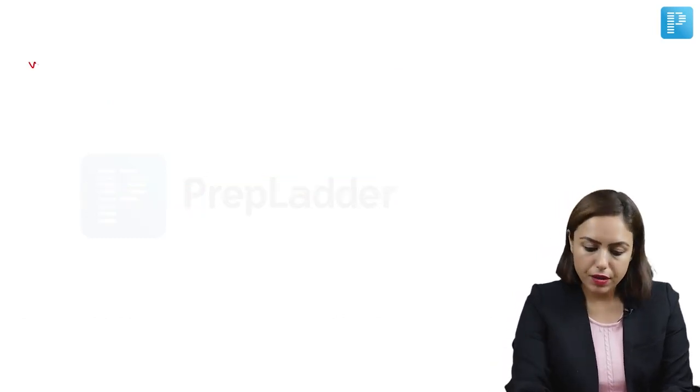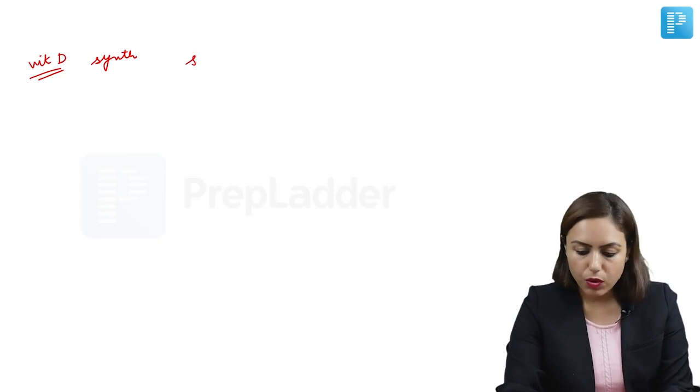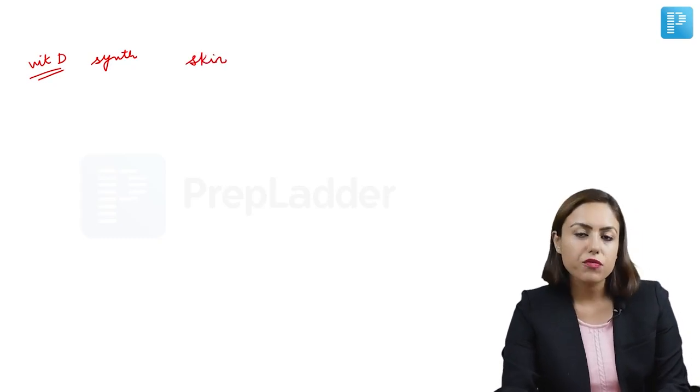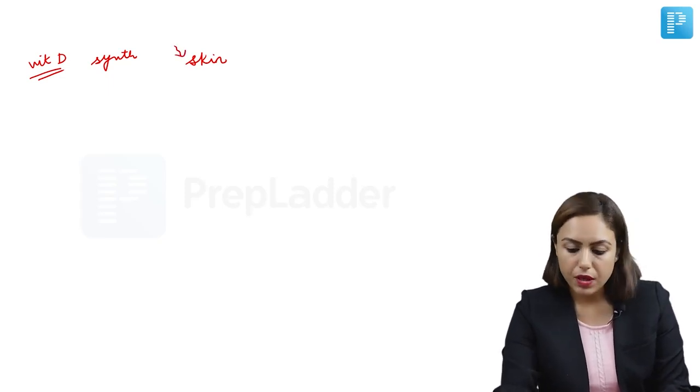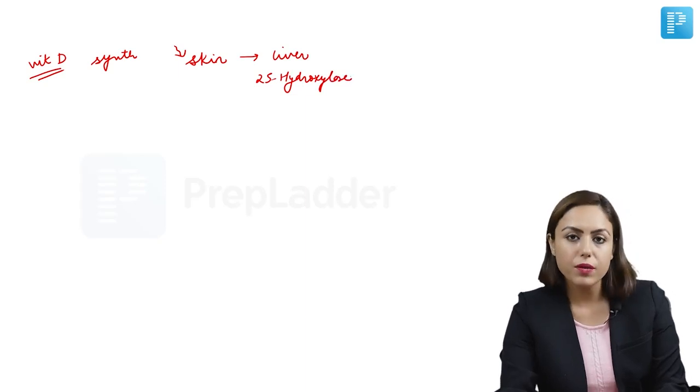Then vitamin D. Synthesis of vitamin D is very important as it occurs in the body. So the organs which are involved are, first, with the help of UV rays, the synthesis of vitamin D starts in the skin. Then in the liver, one reaction occurs with the help of the enzyme 25-hydroxylase, right?